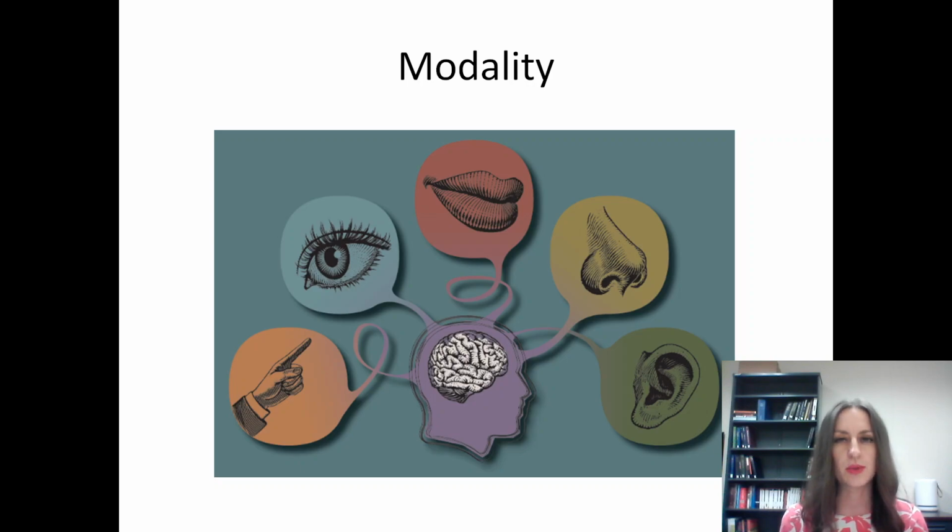Now, medium is closely related to modality, but there are some differences. Modality has to do with senses, with the senses giving and receiving information. So, for instance, there's a verbal modality, visual modality, an aural hearing modality.